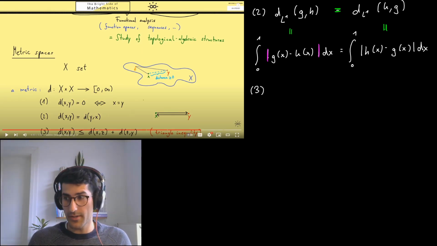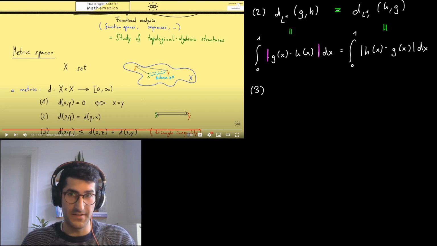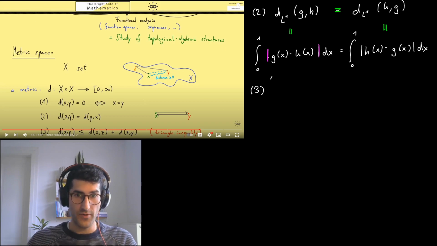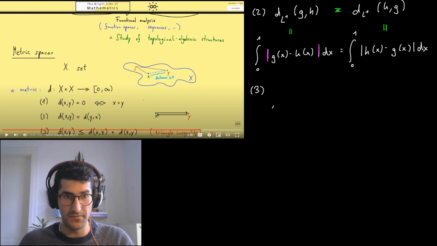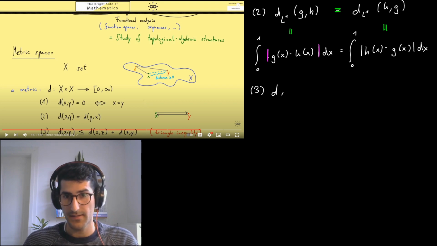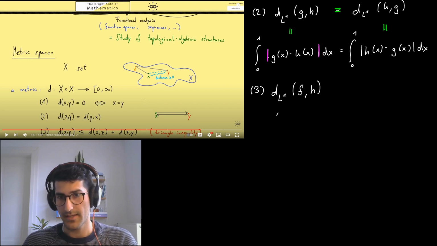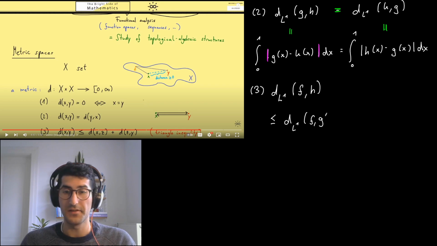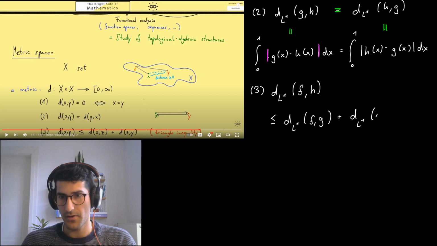So let us now also prove the last property, the triangle inequality. First of all, let me write down the definition in our precise setting. What we need is that the L1 distance of a function f and another function h is less or equal than the L1 distance of f and an additional function g plus the L1 distance of g and the function h.